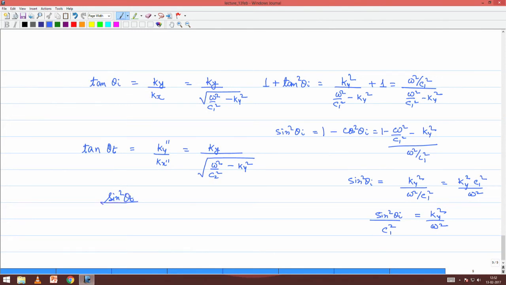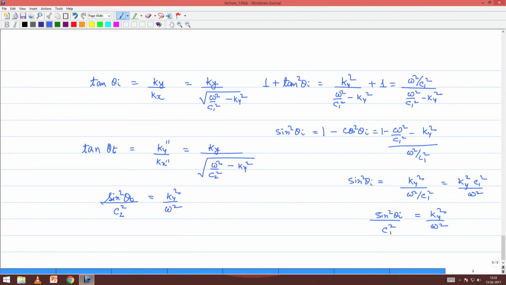If we redo the same trigonometry here, we are going to get sin square theta t, just with the subscript t instead of the subscript I. Other than that, everything is the same, and we have to carefully note that c comes with a subscript 2 here, whereas c came with a subscript 1 in the expression that we have derived. So, sin square theta t divided by c 2 square is going to be the same ratio, which is k y square by omega square, right.